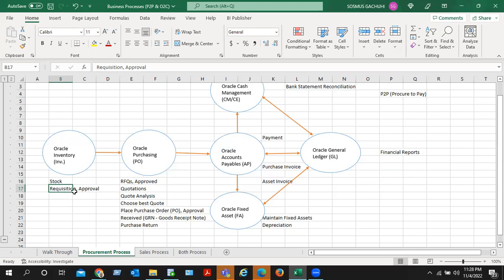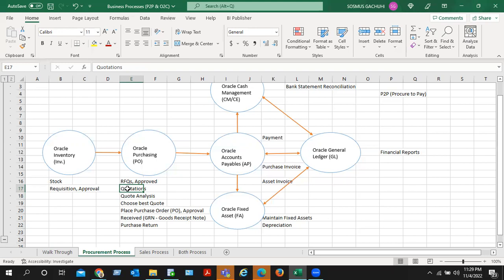Once the requisition is approved, the information will flow to the Oracle purchasing application or department, and from there, Oracle purchasing will raise RFQs. These RFQs will get approved. RFQs, remember, stands for request for quotations. Then, once they have been approved, they will be shared with suppliers.